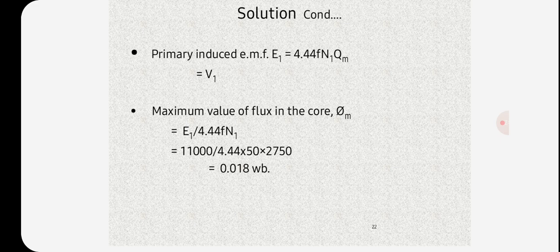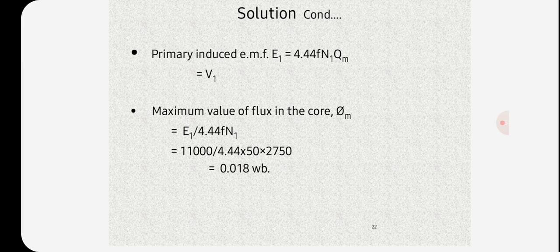Phi m is the maximum value of flux in the core. So phi m is equal to E1 by 4.44 f N1. This is the formula for maximum flux.